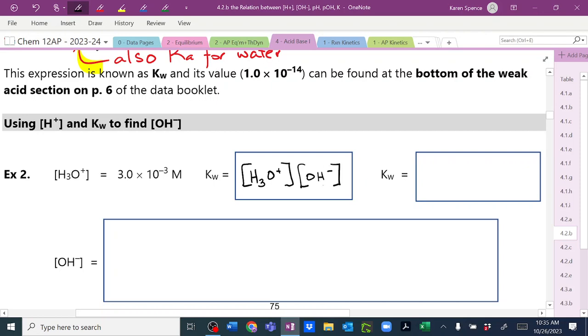What I'm showing you here is all the work that you should show when you write the pH, pOH, H+ and OH- quiz. If you're in the midst of another question, you might get a little more lax in what you show. Kw is 1.0 times 10 to the negative 14. So we have those 2 things. Can you solve for OH-? Do it.